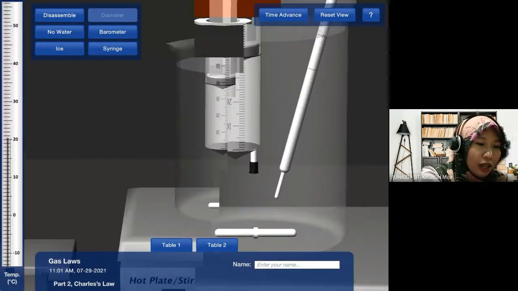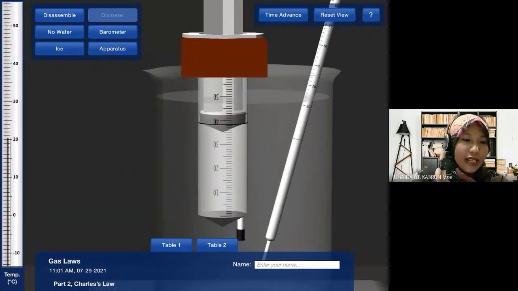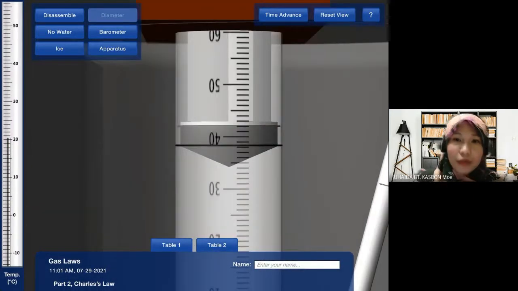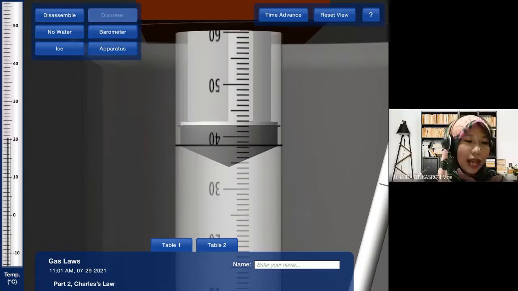Okay, how to measure the syringe? I will press the syringe, then you can see the scale of the syringe. Everyone, can you see it? Alia, can you see it? Yes. Okay, you can see the black line there. Measure the volume of the air using the black line.